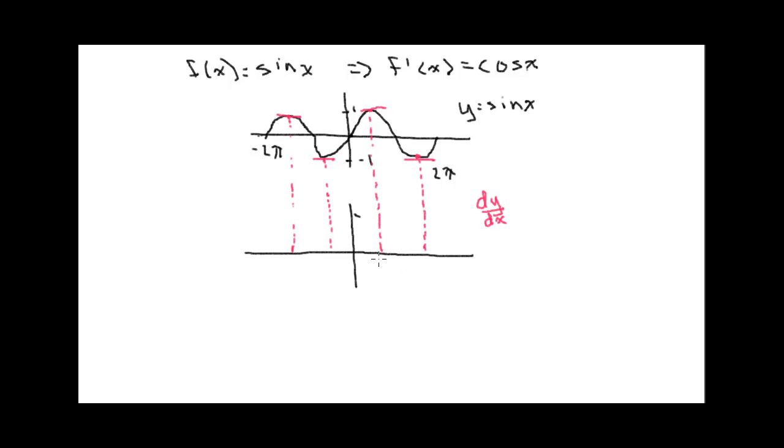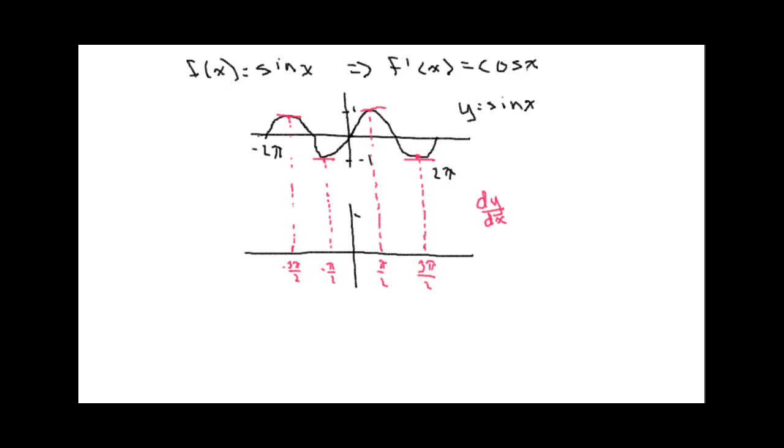So what are these points? This point would be pi by 2. This point would be 3 pi by 2. This point would be negative pi by 2. This point would be negative 3 pi by 2.